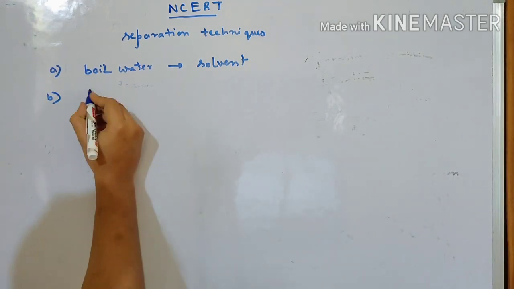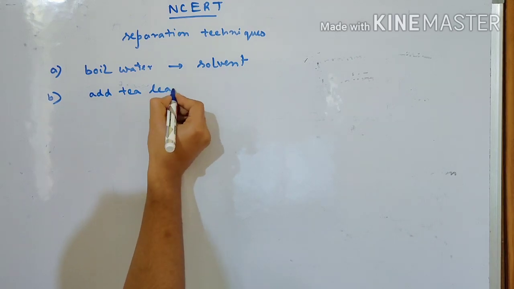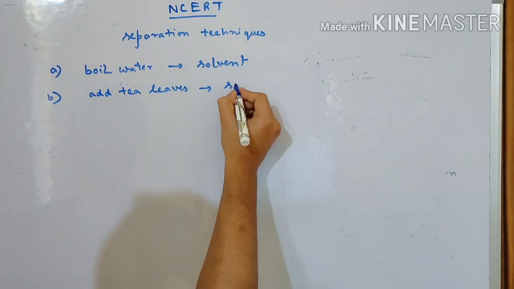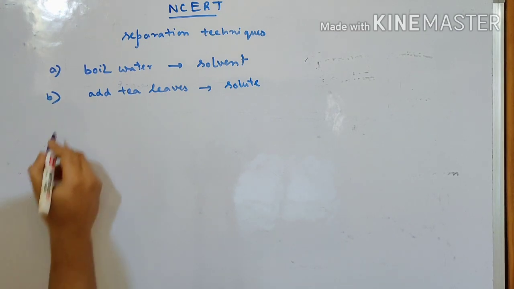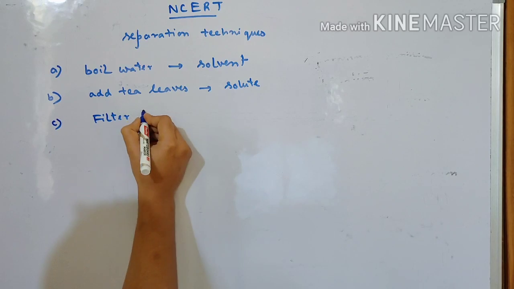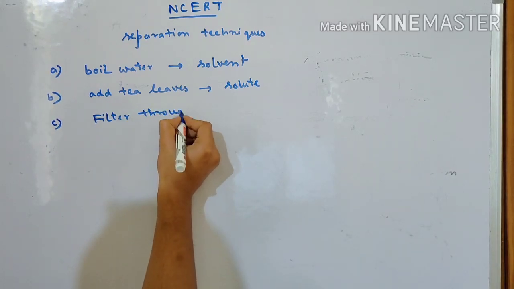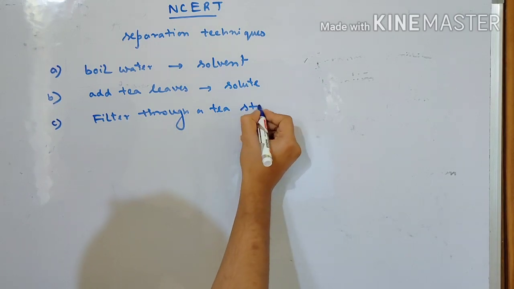Then we are adding tea leaves. What are these? This is solute. Then we have to filter through a tea strainer.